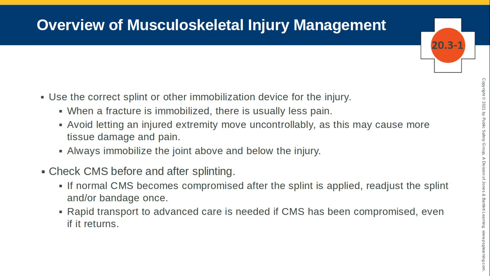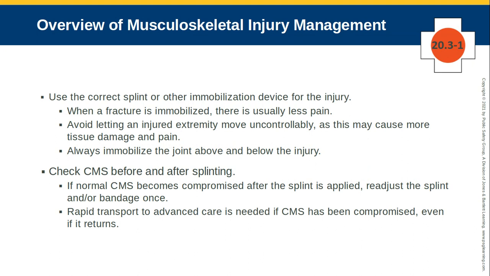Using the correct splint or immobilization device is going to be more comfortable for the patient, especially as we prepare for transport. Always, it's critical to check CMS, that stands for circulation, motor function, and sensation, before and after splinting.